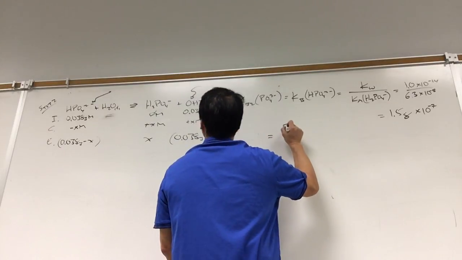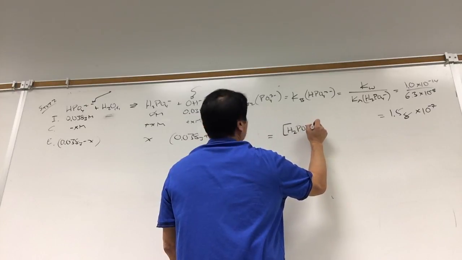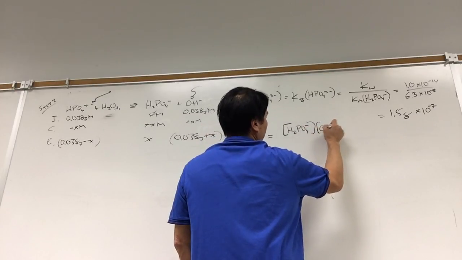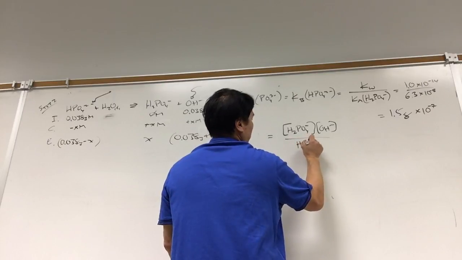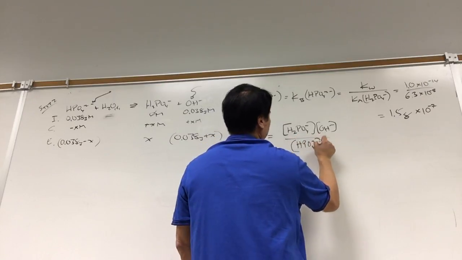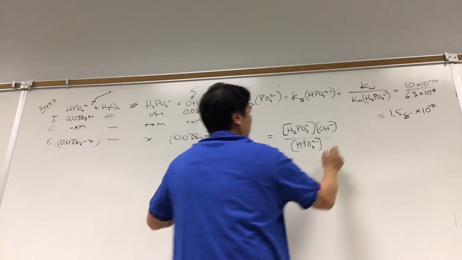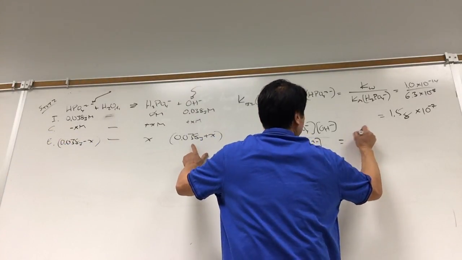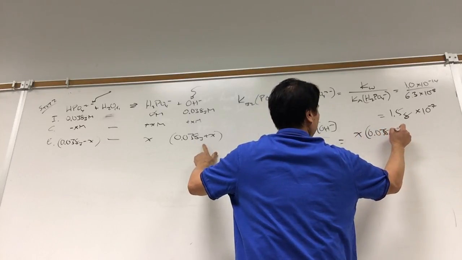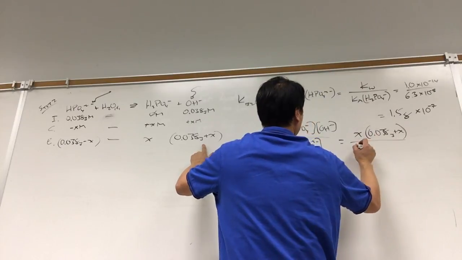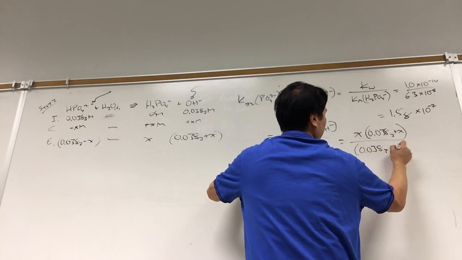The KB for this is going to equal the dihydrogen phosphate times the hydroxide divided by the H2PO4, which is x times 0.0383 plus x divided by 0.0383 minus x.